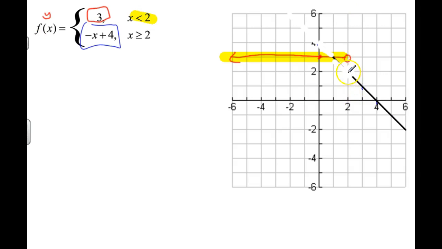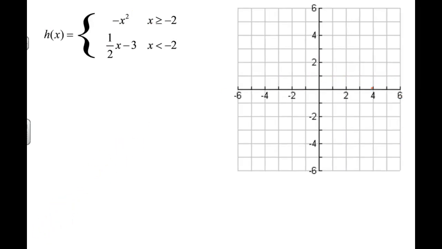There we go. It's going to be an open or closed circle. Let's see, closed circle. So closed circle at 2, and the arrow goes down. And this goes up, down forever. Right. So that's my piecewise function. Again, they don't overlap vertically, and you got it.